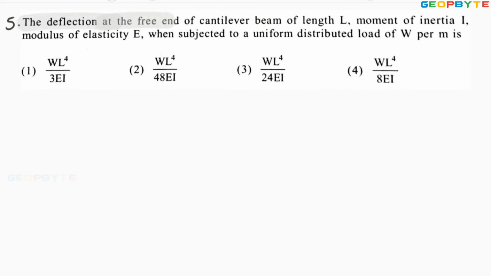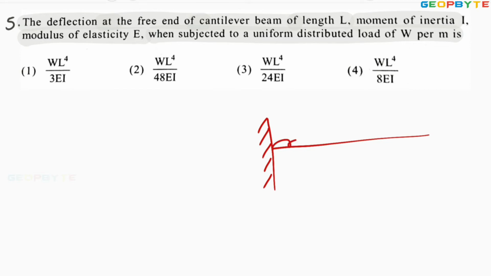The deflection at the free end of a cantilever beam of length L, moment of inertia I, and modulus of elasticity E when subjected to uniformly distributed load of W per meter is, it is like this. There is a cantilever beam subjected to uniformly distributed load.